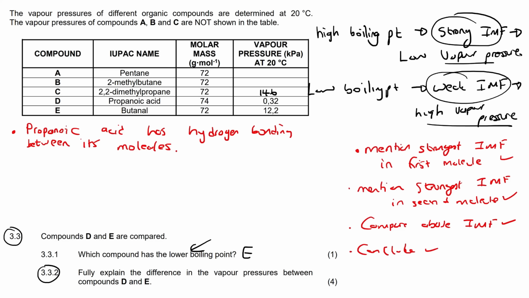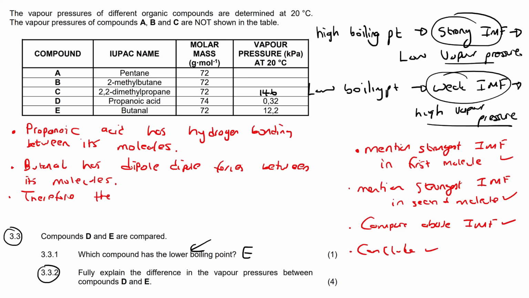You don't have to. What they're looking for is that you mention the strongest one. In our next step, we're going to mention the butanol, and we saw that that one has dipole forces between its molecules.